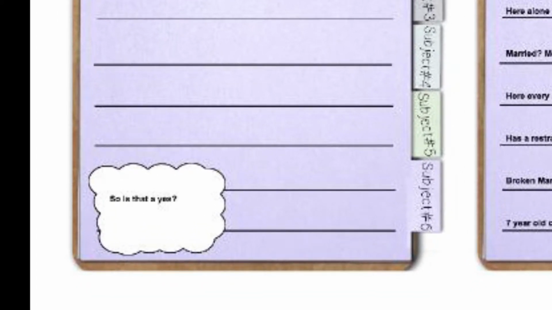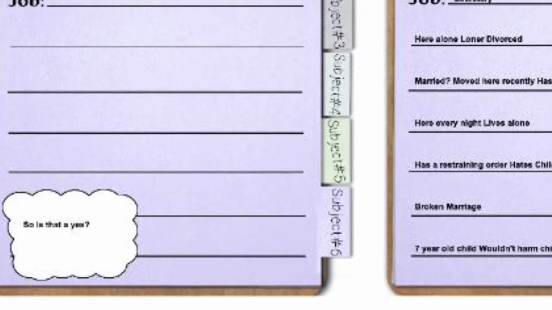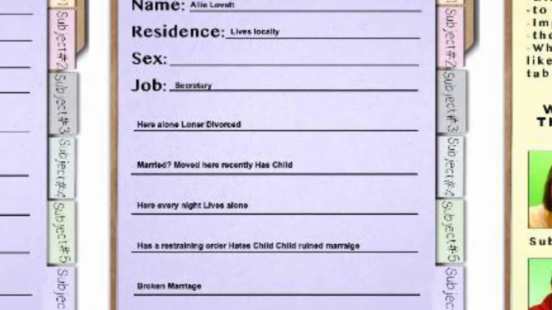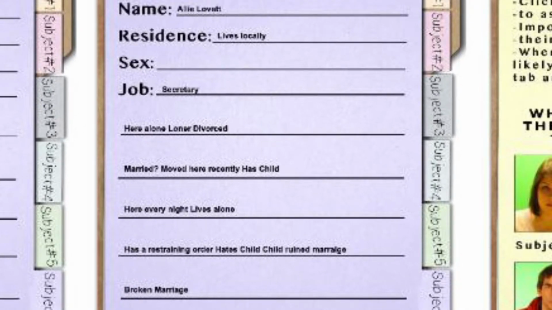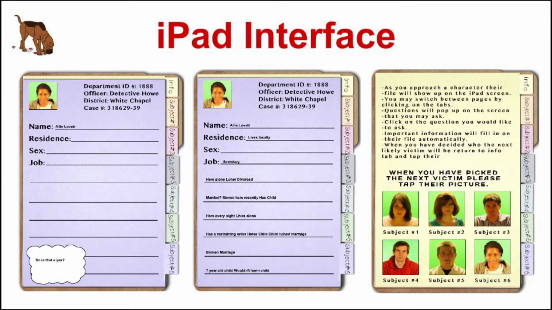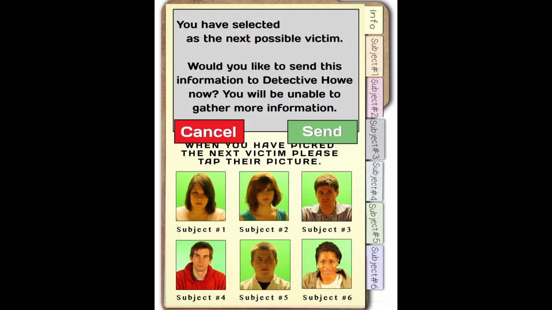If they're in the right hot zone and interacting with the right character, those questions will be answered with responses. And as they see more responses, more information will fill out on the character info page. Finally, once they have communicated with all characters or decided that they have enough of the project, they can return to the info page to make their final choice on who they think their next victim will be.